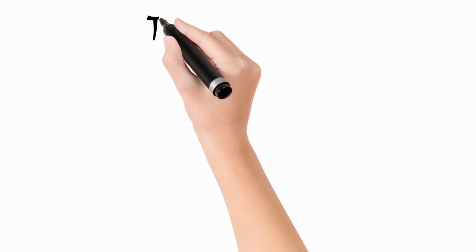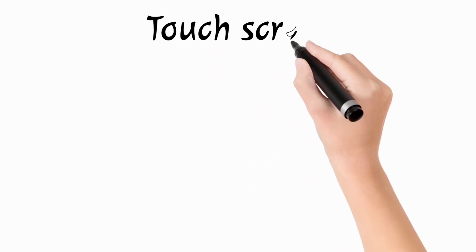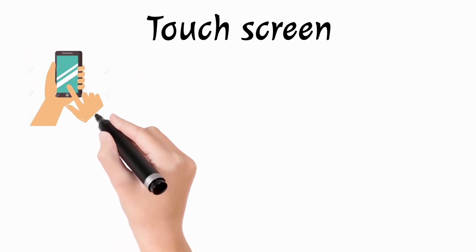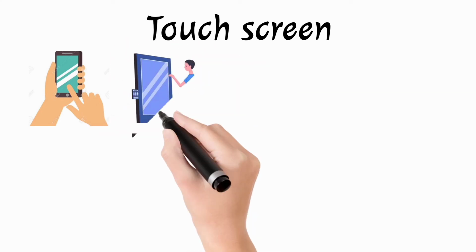Touch screen. These monitors use touching of the screen as an input method. Items can be selected or moved with a finger, and finger gestures may be used to convey commands.